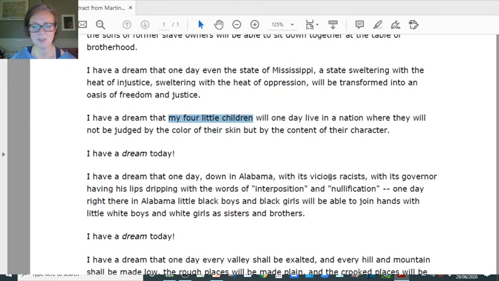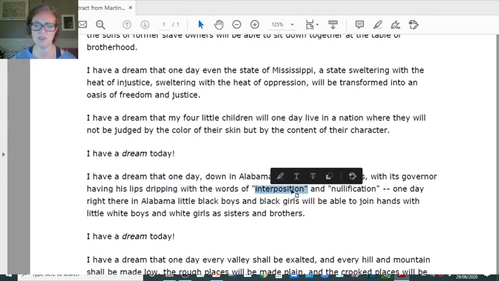And then he uses this adjective to describe the racists in Alabama, vicious racists, which is opinionated, but it's also quite emotional again, isn't it? Vicious. It's violent. They're so racist. They are violent, and vicious is really cruel and evil and violent. And the governor of Alabama, his lips are dripping with these words, like he's salivating, like he loves these words.